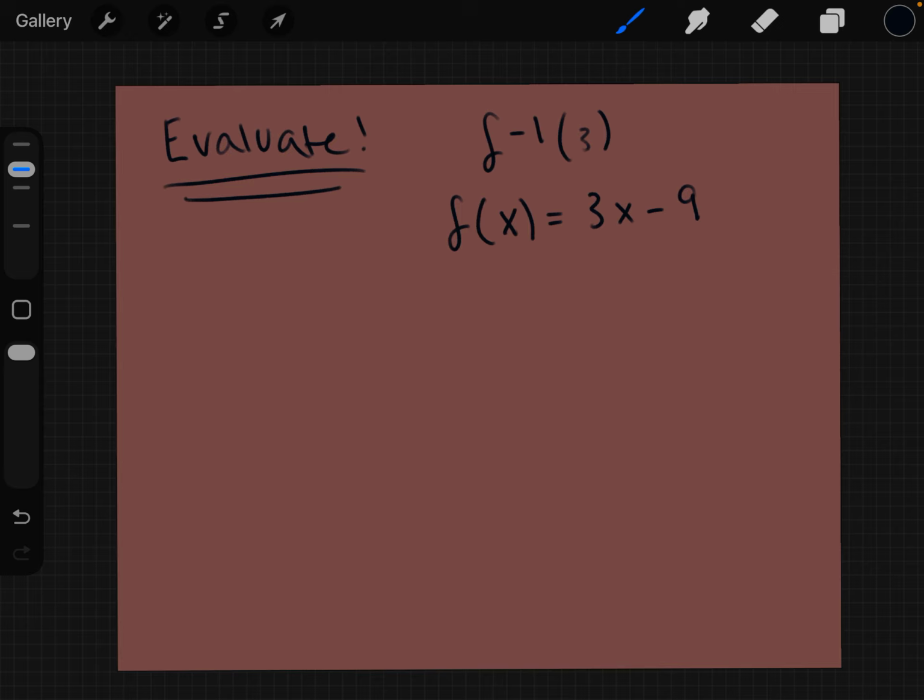What the heck? Oh. They want us to find the inverse. First, find the inverse. So we'll do that thing I said earlier. This is multiplied by 3, subtracted by 9, so then we're gonna add by 9 and divide by 3.